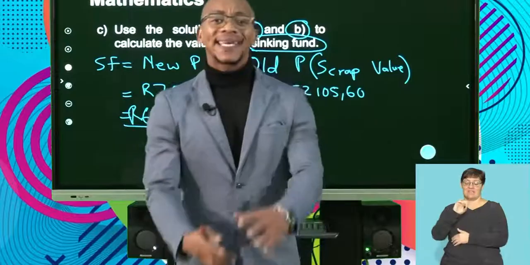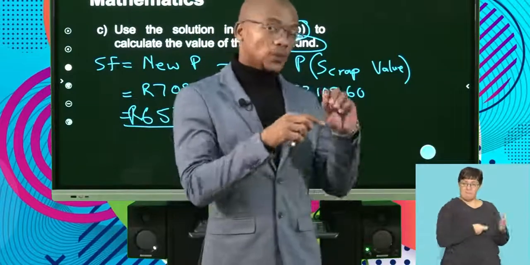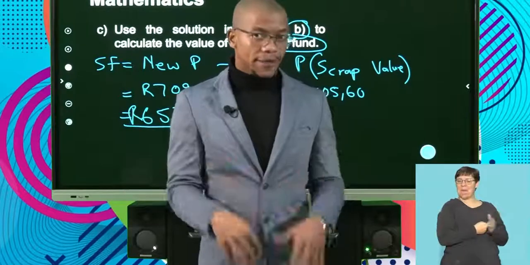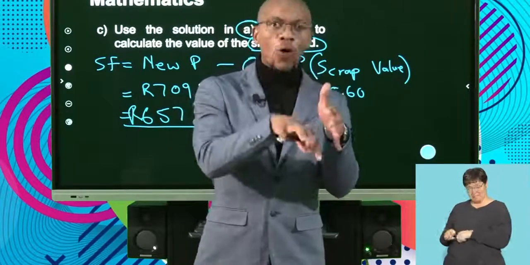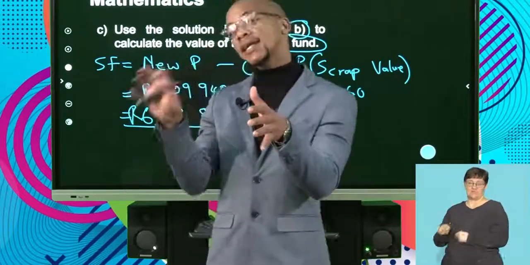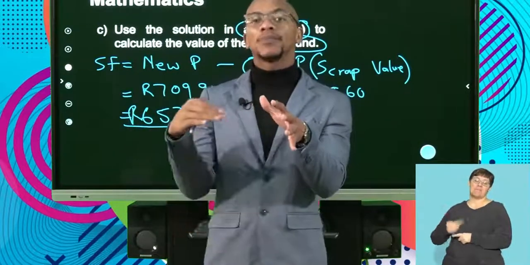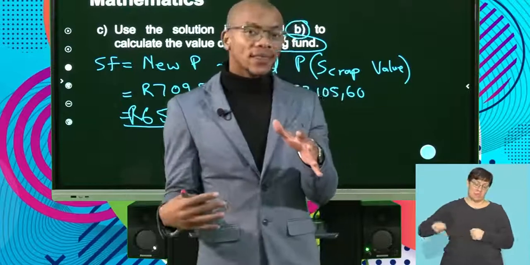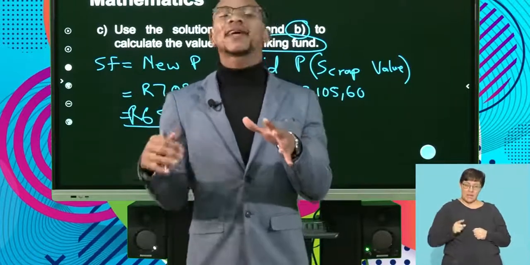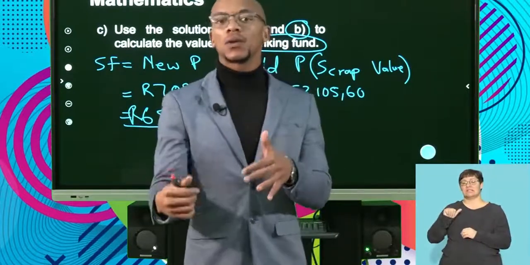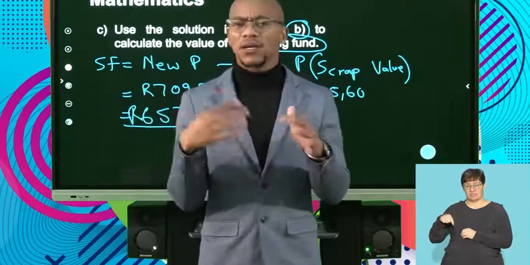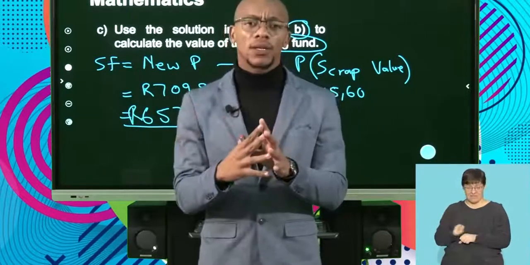Meaning, as I buy the truck today as my company, I will then simultaneously open an investment account. In the investment account, I will be paying a month-to-month installment that will accumulate to 657,000 as you saw on the board now, right?